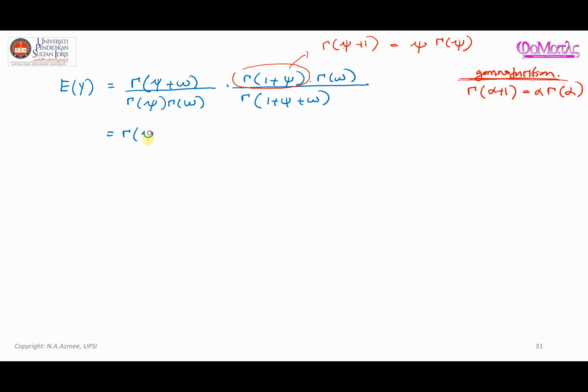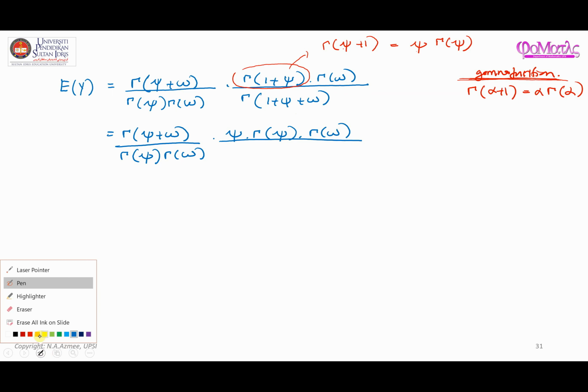Now this part here becomes psi gamma psi omega. And this part, okay, now what happens to this one? Again, we are going to use the idea from the property of gamma function.